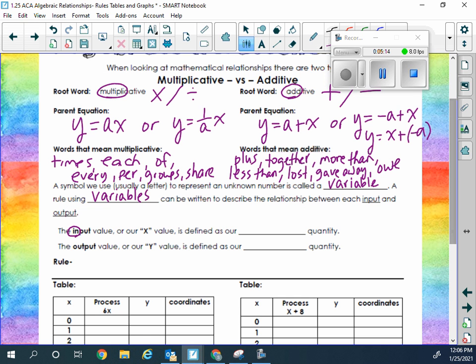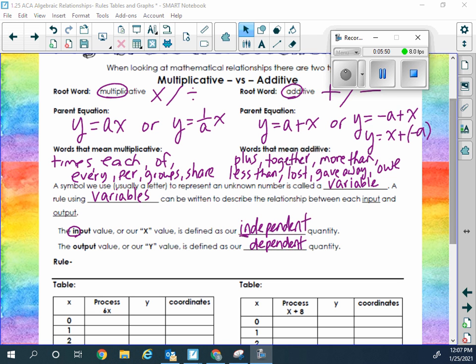Input, circle that prefix. Input is always going to be our independent. That's a clue: that prefix, input, independent. We're putting it in. Versus our output, which would be our dependent. Okay? Let's discuss these words, independent and dependent.